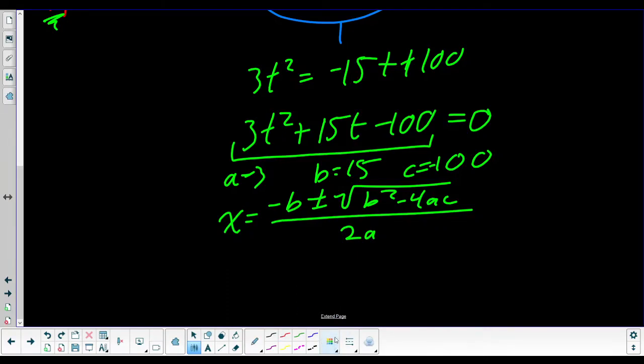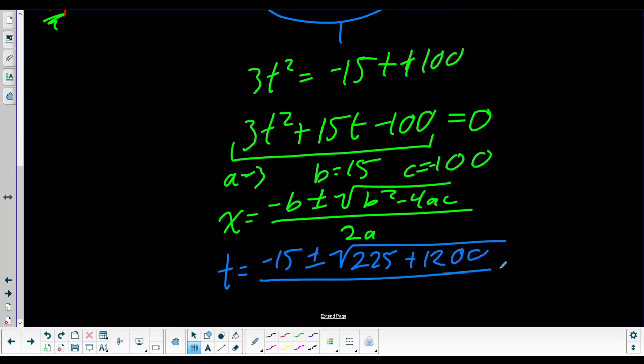So we're going to have x equals, in this case it's not x, it's actually t. Let's use physics variables. t equals negative 15 plus or minus the square root of 225, 15 squared, minus 4 times negative 100 is 400, times 3 is 1200, over 2 times 3 is 6.